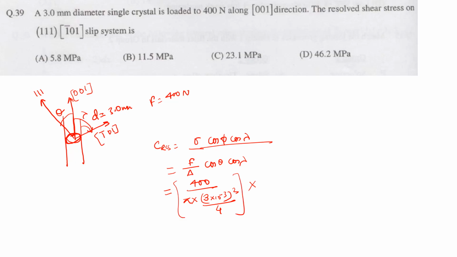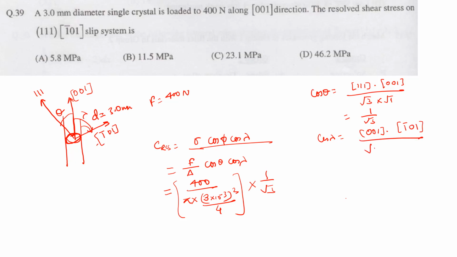And cos theta will be the dot product of 111 with 001 divided by root 3 and root 1. So it will be 1 divided by root 3. Then cos lambda will be 001 dot product 1 bar 01 divided by root 1 and root 2. So it will be again 1 by root 2.